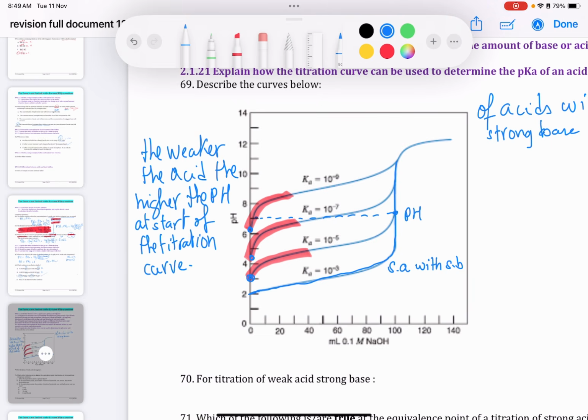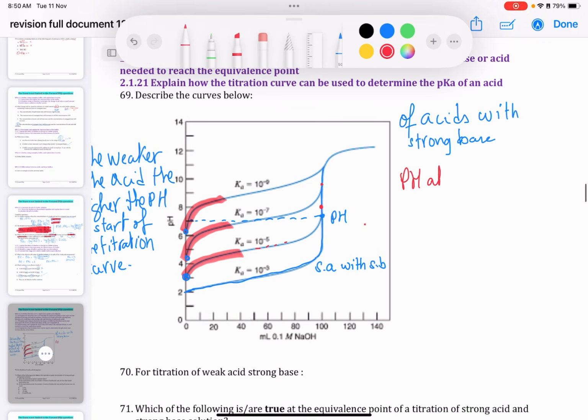That's one. Second, as you can see, the pH at equivalence for the second curve is probably here, and the other one, maybe I'm exaggerating, here and more. So the pH at equivalence point increases.